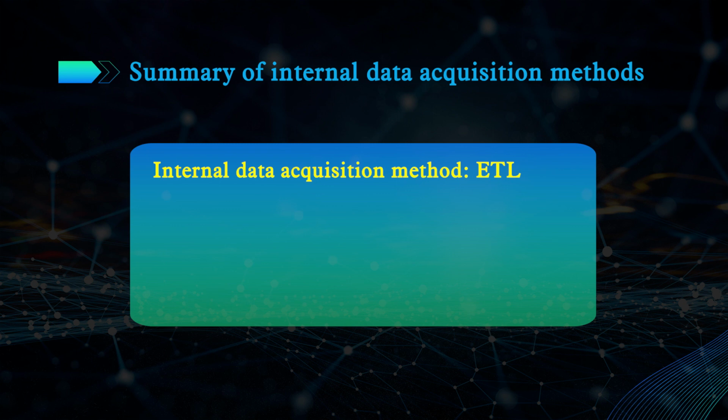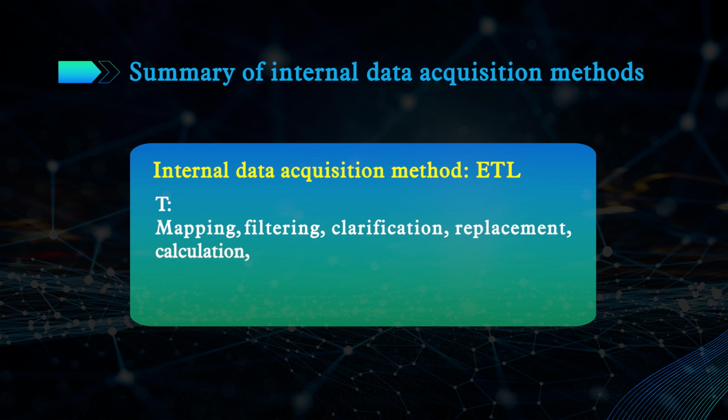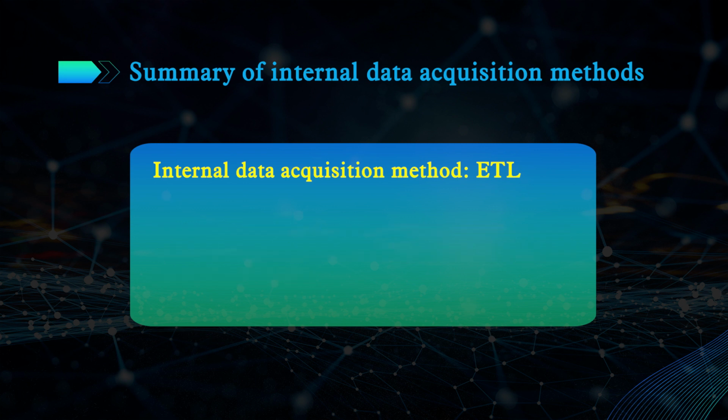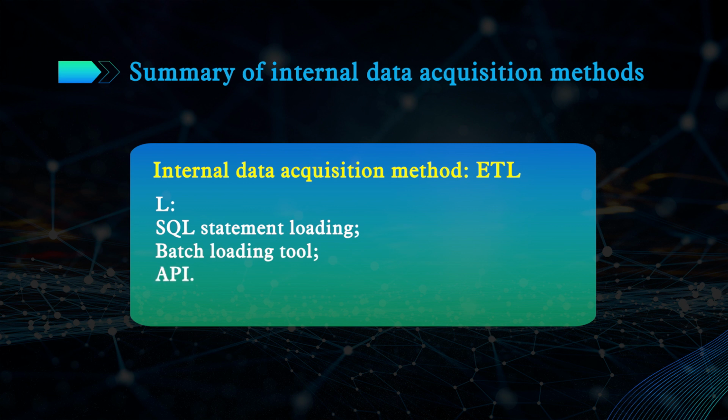The transform components include mapping, filtering, cleaning, replacement, calculation, verification, encryption and decryption, merging, splitting, and so on. And loading can be done by SQL statement loading, batch loading tool, or directly using API.